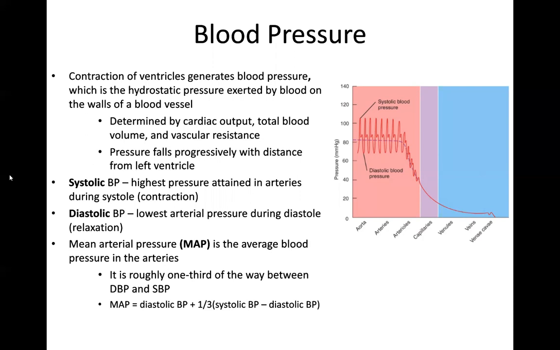We learned in our previous lecture the terms systole and diastole, which relate to things going on with the heart. Systole, which we learned is contraction of the heart, whereas diastole is relaxation. And those two periods of time affect our blood pressure.